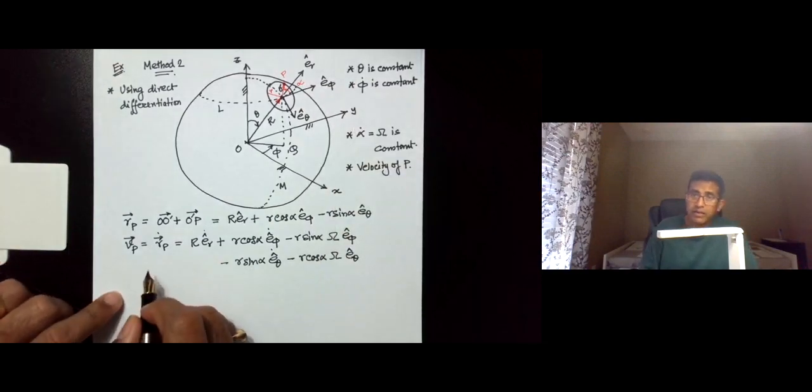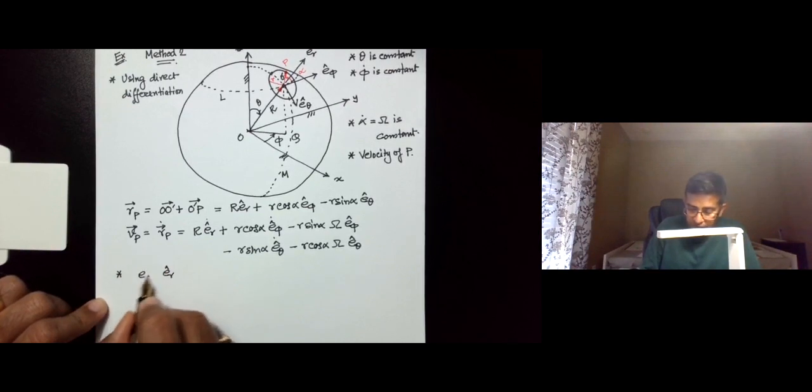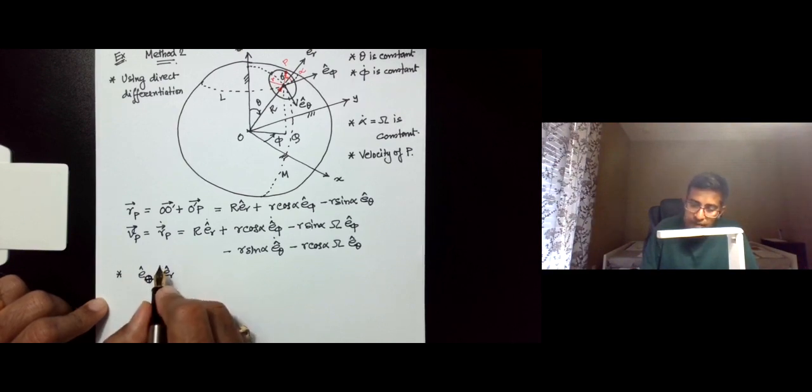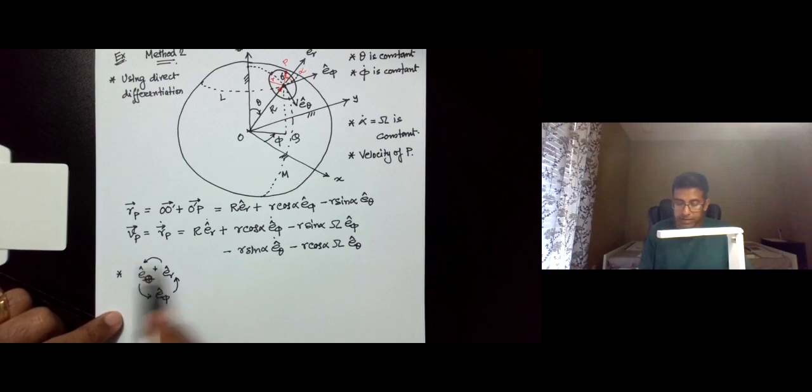So the right-handed coordinate system R theta phi is defined such that ER cross E theta gives E phi. Right. So ER cross E theta gives E phi, and that's the positive sense of cross products.